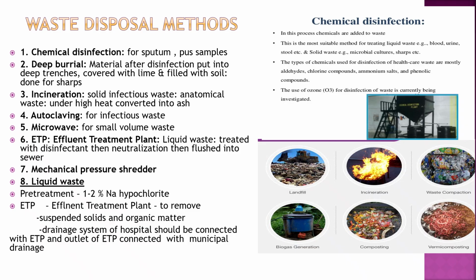For liquid waste, pre-treatment should be done with 1 to 2% sodium hypochlorite, then the ETP plant removes suspended solids and organic matter, and the drainage system of the hospital should be connected with the ETP and the outlet of the ETP connected with the municipal drainage. So these are the disposal methods.